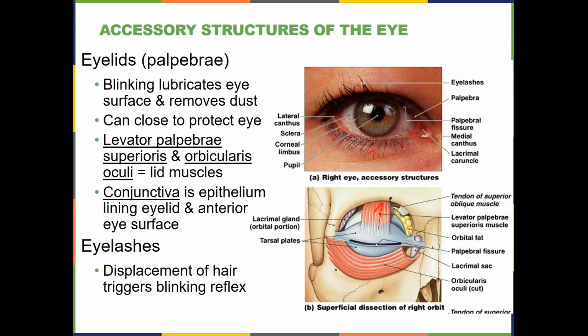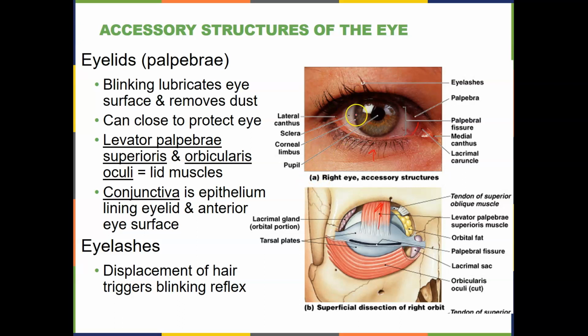The lacrimal caruncle is this little region here that goes into the medial canthus down here. We'll talk about the lacrimal ducts and sacs in a minute. The lateral canthus is basically the outer curve or the segment between the superior and inferior palpebrae. The sclera is the white of the eye.